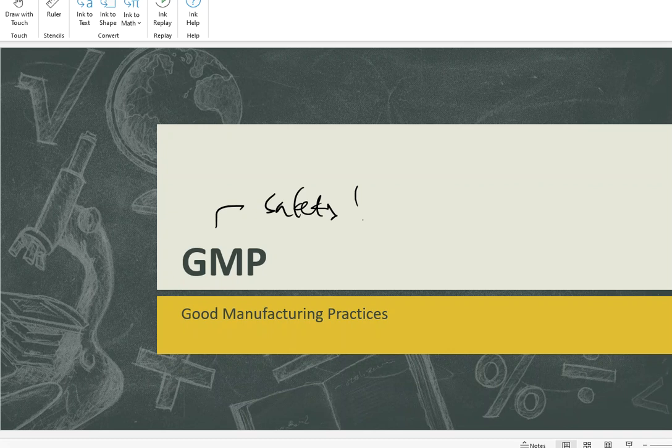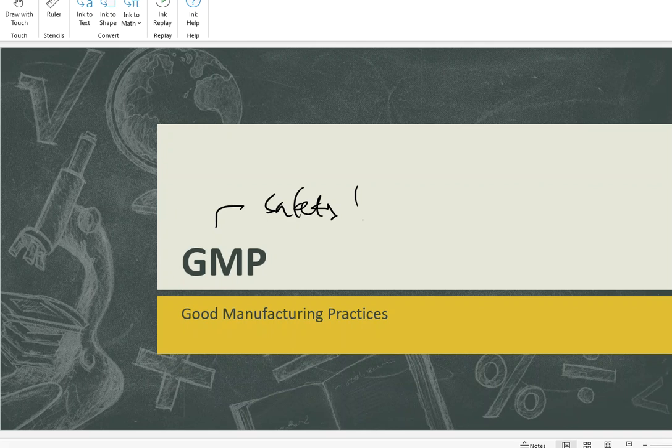And this is almost like looking over their shoulder, right? This is a way that the government can ensure that these companies are making products that are built with quality, that are built with integrity, and that we don't have to question every single thing that we purchase out in a store. All right. So that is the overall goal of GMP.